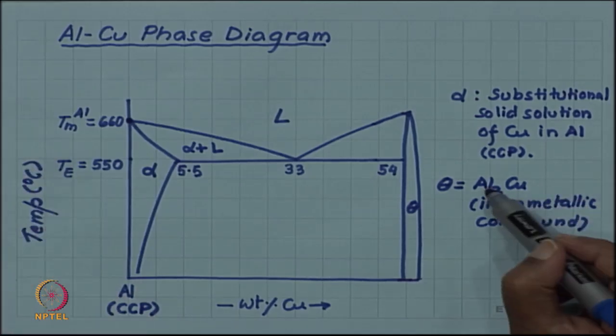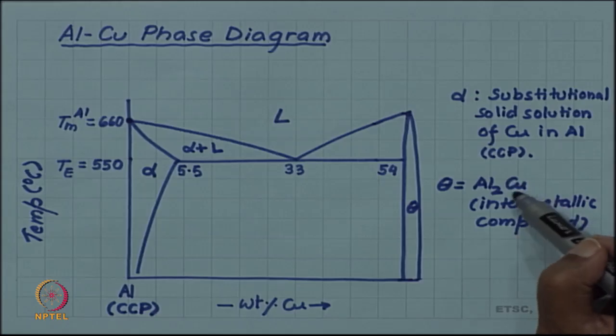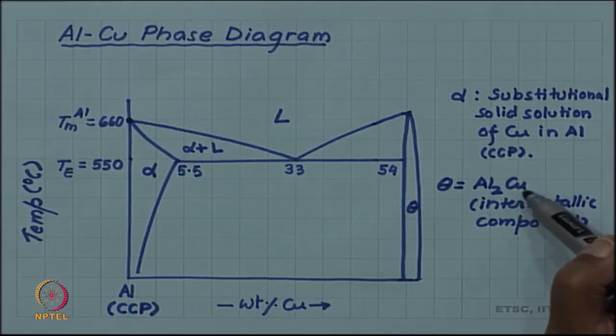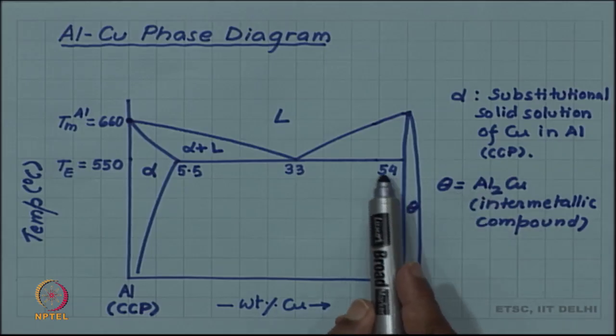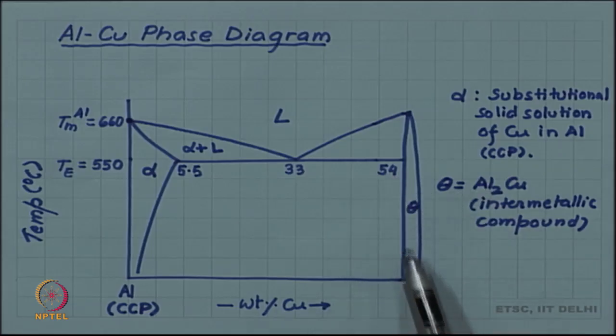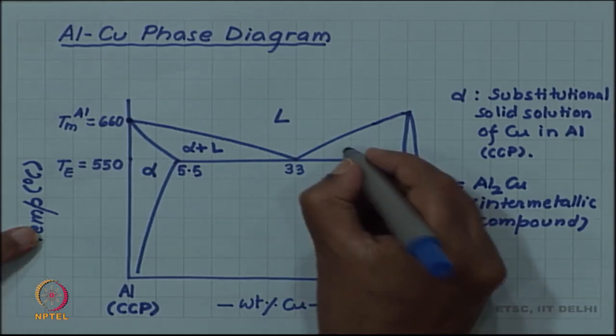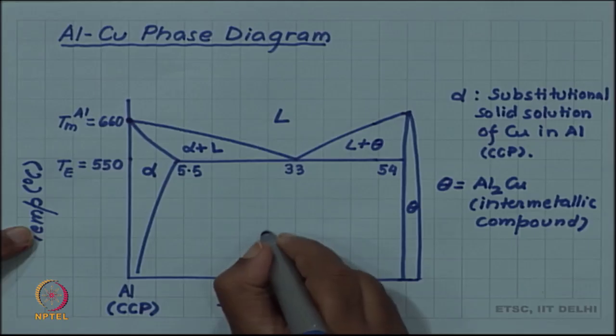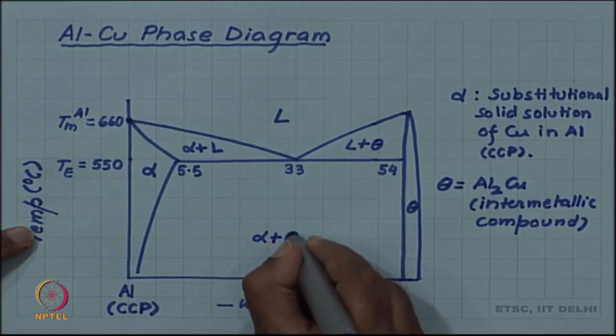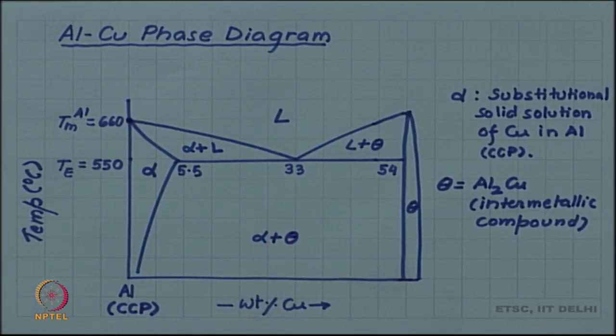You can see by the formula that it has about 1/3 copper, so it is about 33 atomic percent copper, but since copper is heavier, it contributes more as weight percent, about 54 weight percent. So, you have liquid plus theta and alpha plus theta. This is the phase diagram of the aluminum copper system.